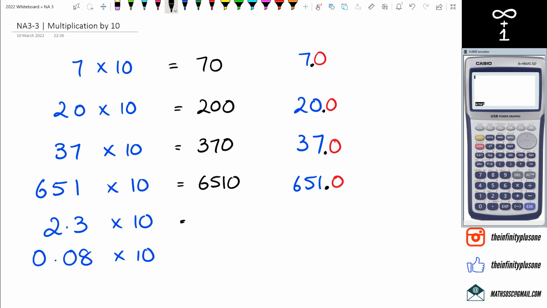651.0. So when we're multiplying by 10, what's really happening is the decimal point is moving one spot to the right. And when it moves one spot to the right, what we end up with is 70, 200, 370, and 6,510. So let's have a look at the decimal point question where it says 2.3 times 10.